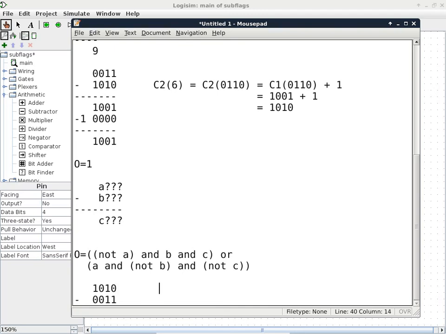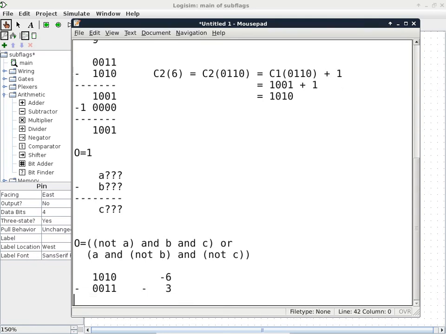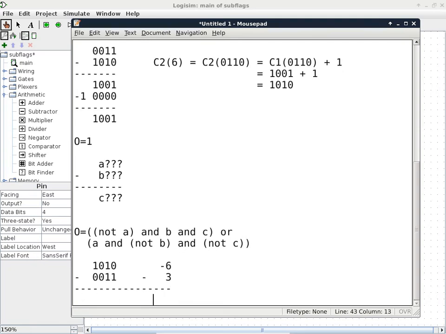On this side, I would use the actual base 10 representation. So we are dealing with -6 minus 3. So in base 10 calculation, what is the result of -6 minus 3? It'll be negative 9.